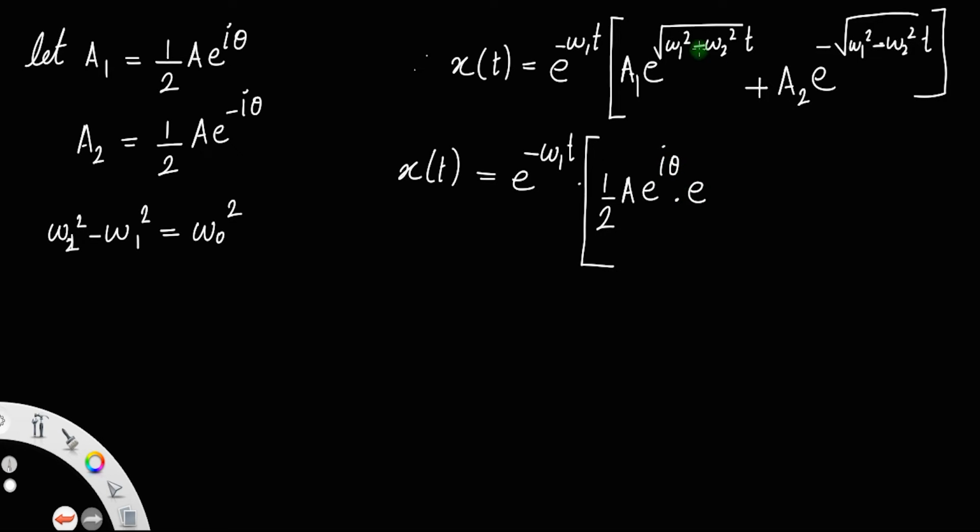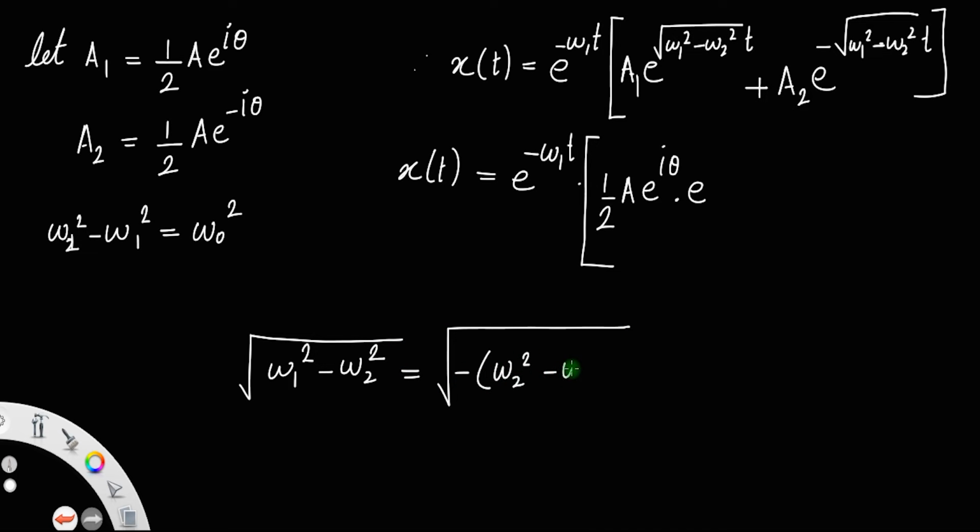into e raised to, see this is root of omega 1 square minus omega 2 square. So this is equal to root of minus of omega 2 square minus omega 1 square. This is equal to root of minus 1 into root of omega 2 square minus omega 1 square. So I'm just writing the power of e here. So root of minus 1 is i.